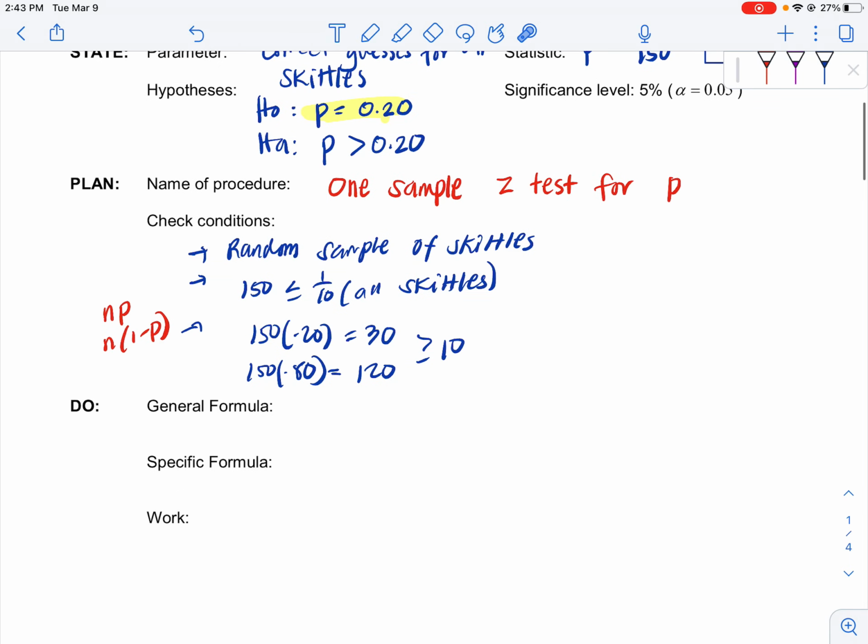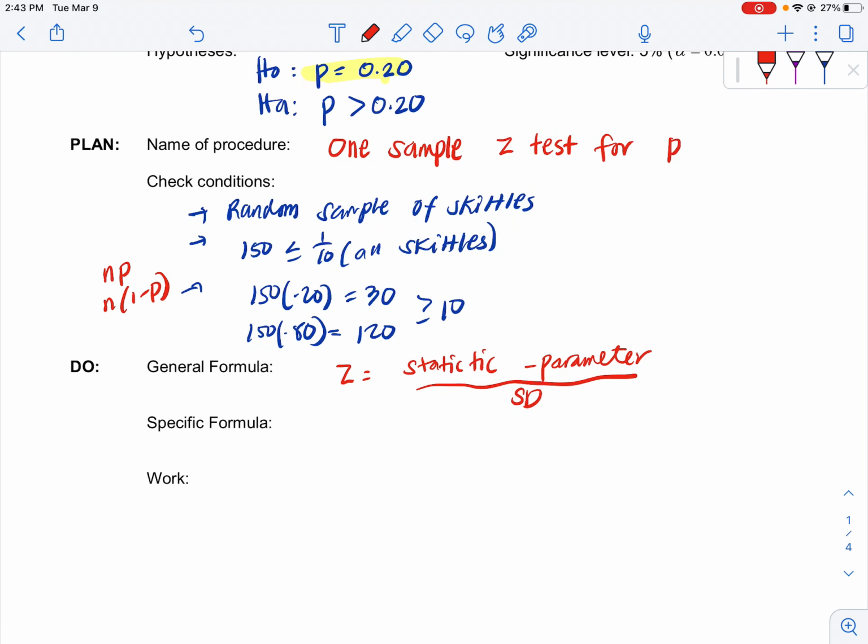Our general formula is, of course, the z-score: z equals statistic minus parameter divided by SD.